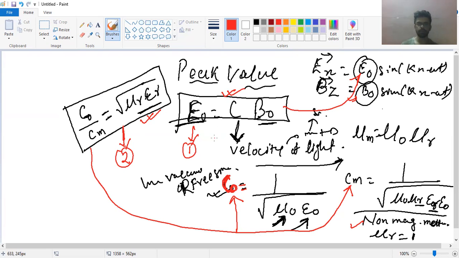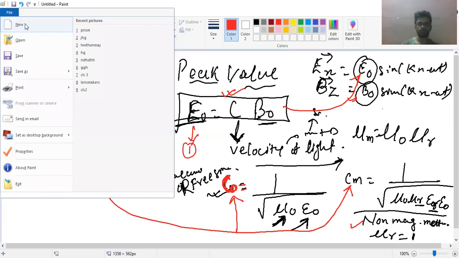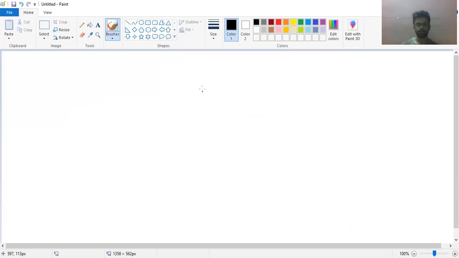Now we will look forward to the next topic of our class. Till now we have studied four properties. First, there should be an oscillating charge.